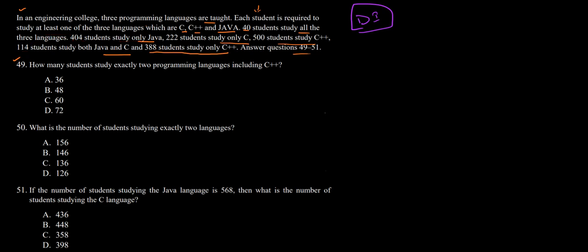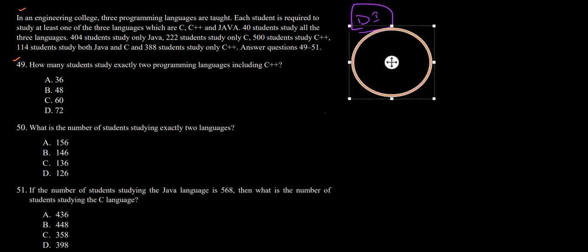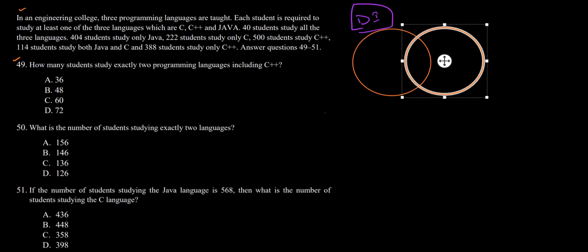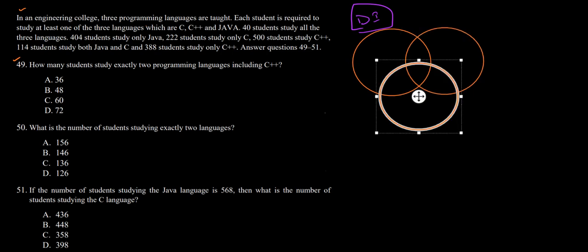So let us first represent this passage in our simpler way, which can be done by using a Venn diagram. So let us first draw a Venn diagram and represent this data in a Venn diagram. So here we have a circle for each language. Now this is for the other language, and this is for the third language.